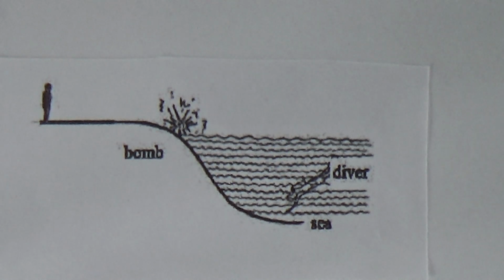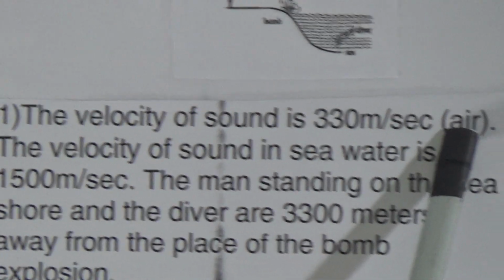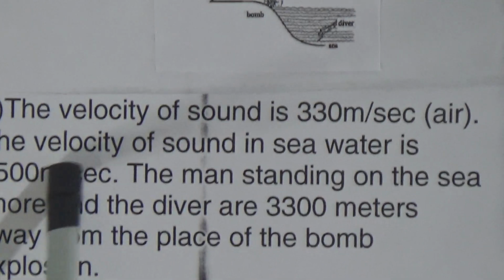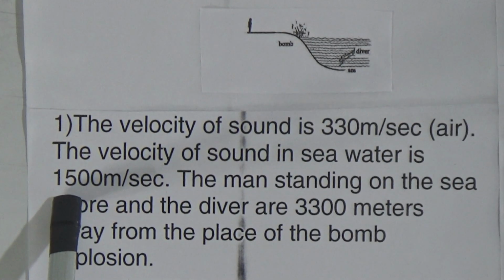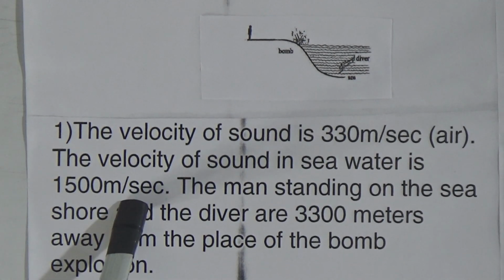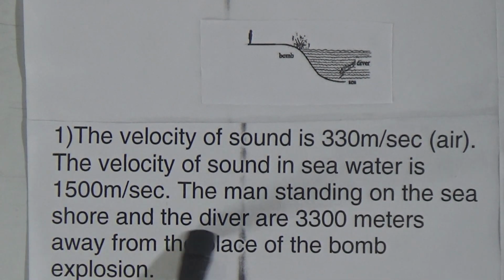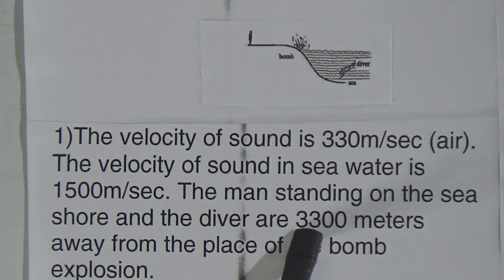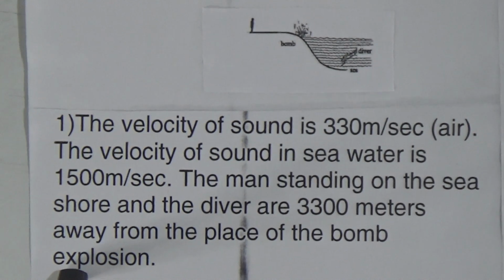The velocity of sound is 330 meter per second in air. The velocity of sound in sea water is 1500 meter per second. The man standing on the seashore and the diver are 3300 meters away from the place of the bomb explosion.